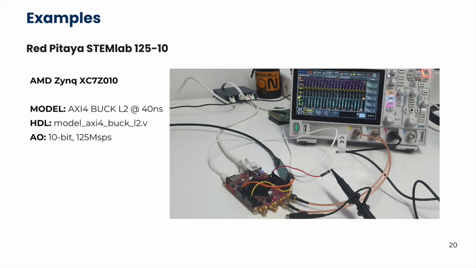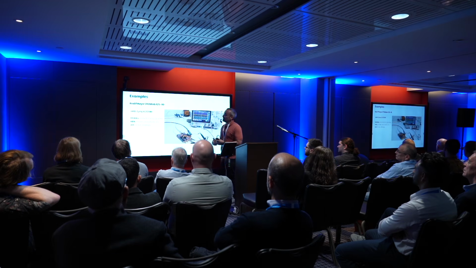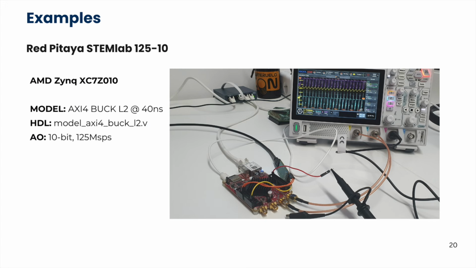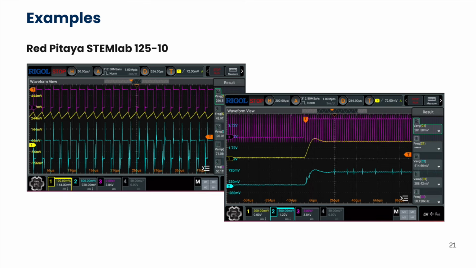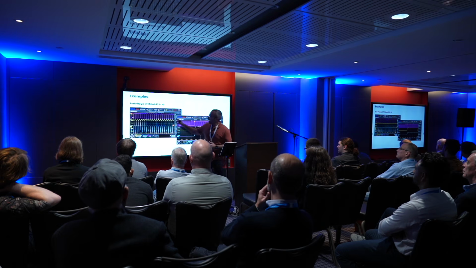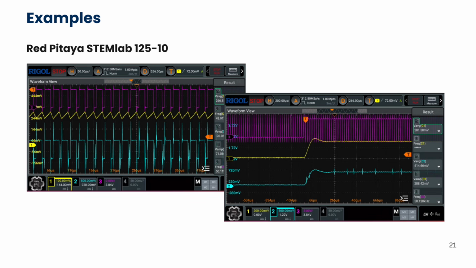It is based on an SoC, and what makes this simulation special is that the analog output in this case is 10-bit, 125 megasamples per second. This speed will allow us to see some of the effects that we cannot see if we are using a slower DAC. Here again, you can see the ripple in the current of the inductor, and now we can see that the voltage of the inductor is a square wave.